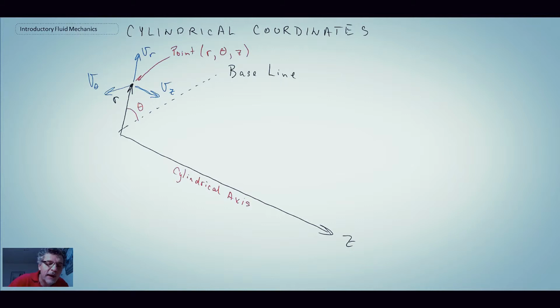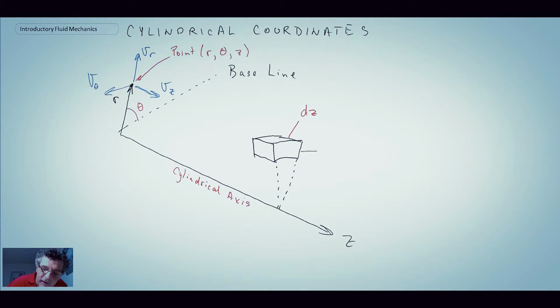The other thing is that quite often we will write out differential elements, just like we did when we looked at deriving the continuity equation in Cartesian coordinates. So I'll begin by writing out a differential element. If this is our differential element, this length here would be dz because it's in the cylindrical axis direction.